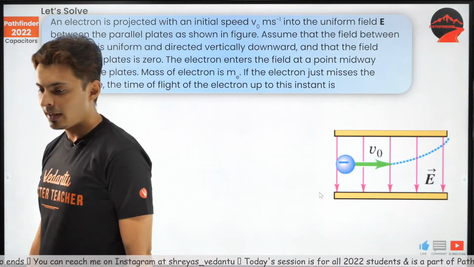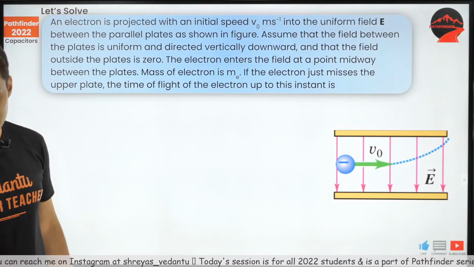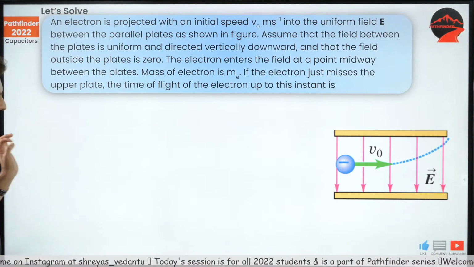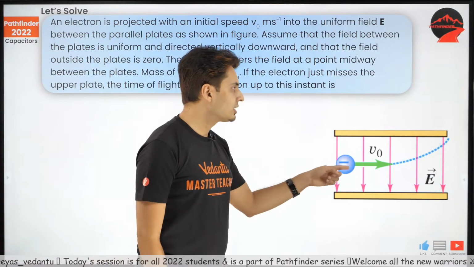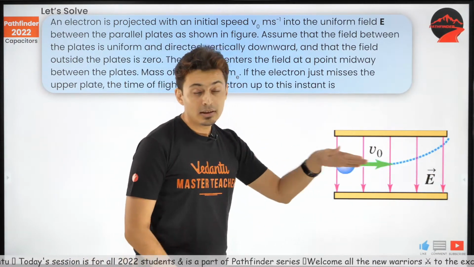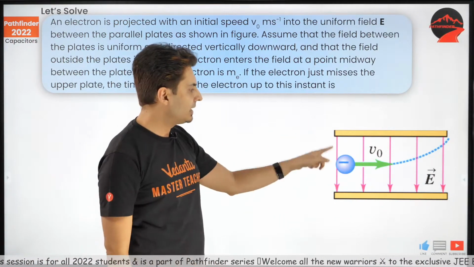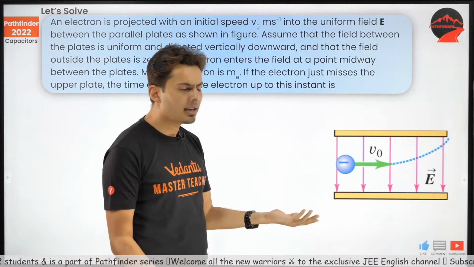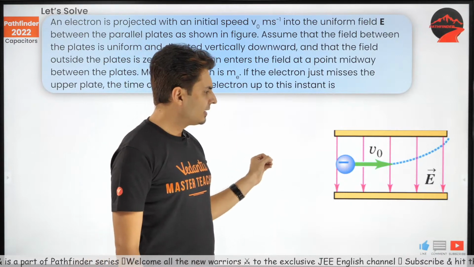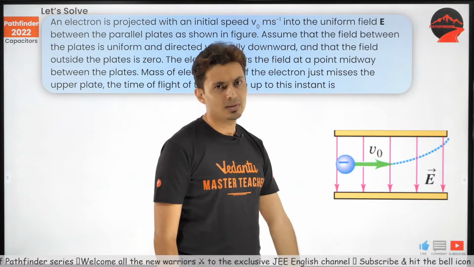Read it. Yep, please read it. It's a big question, but it's not so difficult. What is happening? I'll spare you the reading out here. There is a charge and you throw it exactly in between the plates of a capacitor. The distance between the plates is, let's say, d, area is A and all that. And there is some field between the plates of the capacitor.